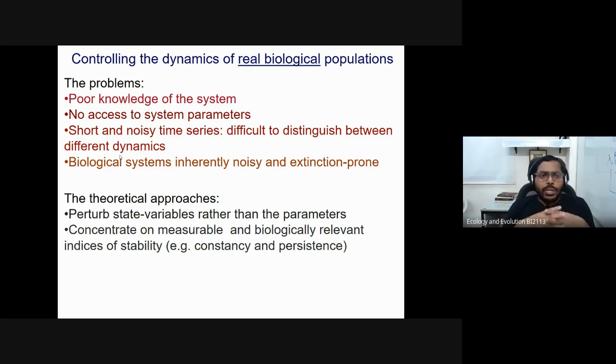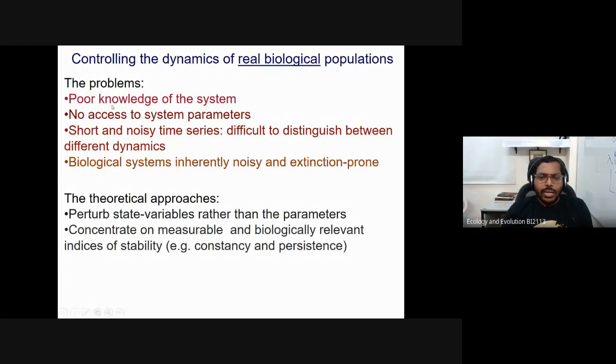For example, if you remember the method that we discussed in the last class, where every generation we add a constant number to the population, technically that is called pinning. This kind of pinning is done with the individuals, and therefore it is something that you can experimentally play with.